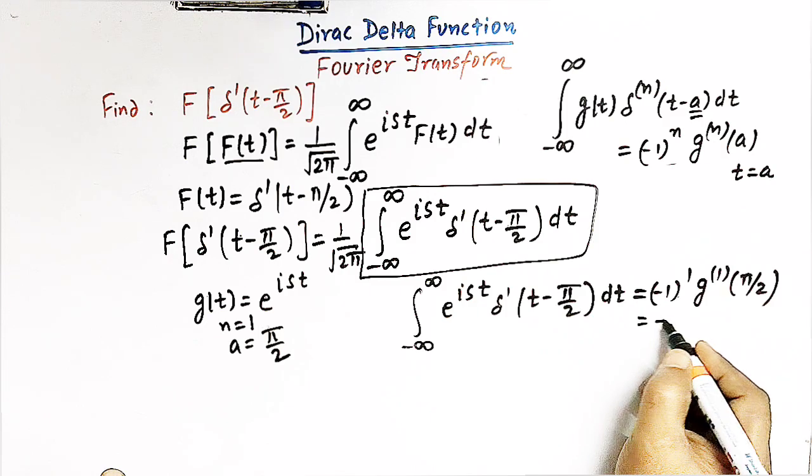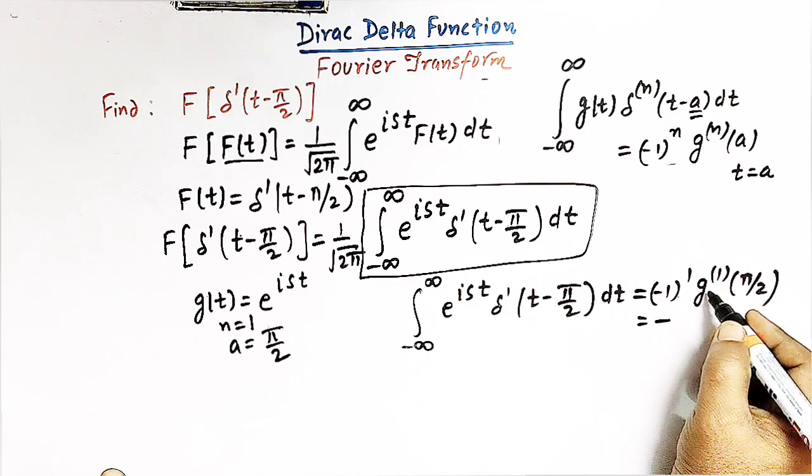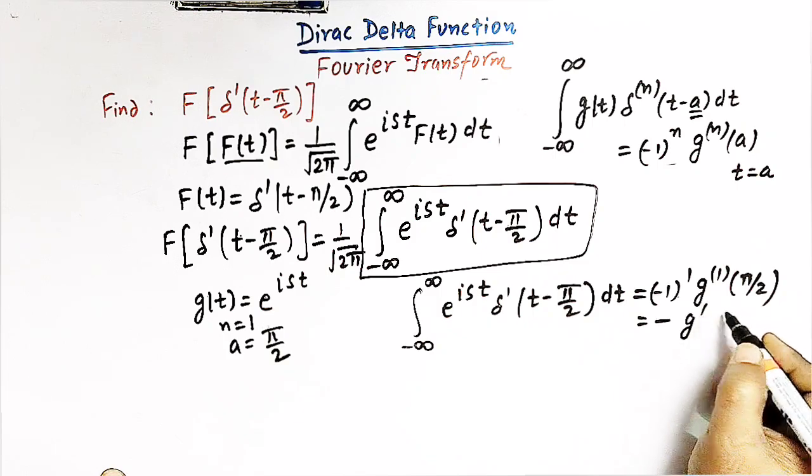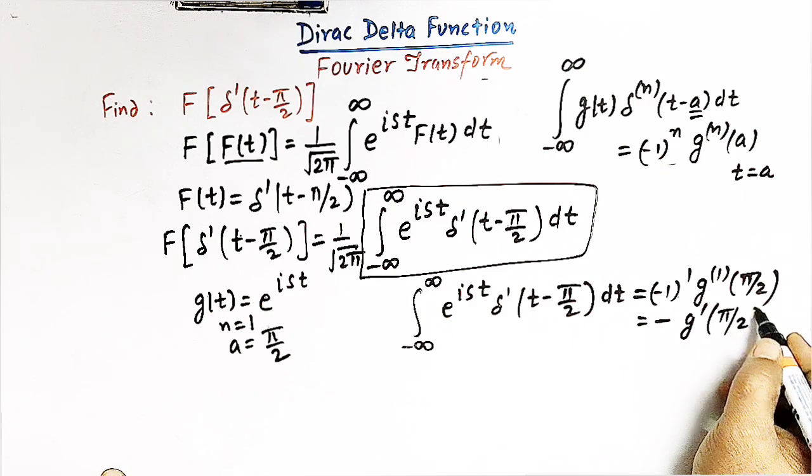So we have minus 1 raised to 1, that is simply a minus, and here we have g prime at the point pi by 2.